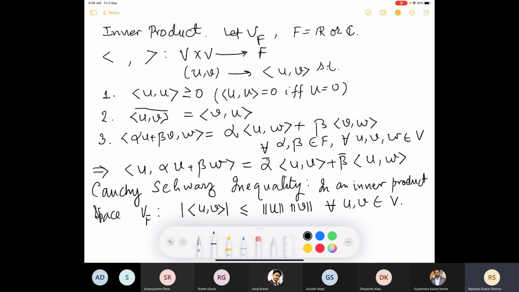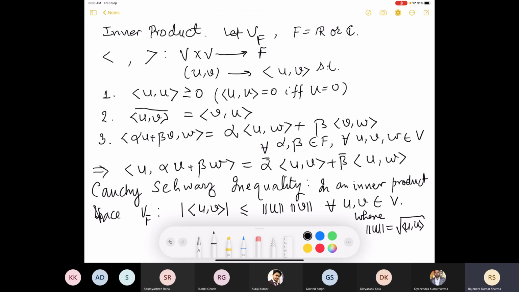Recall the norm of a vector was denoted by norm of U, where the norm is actually the positive square root of U comma U. Using this, we also can obtain the properties of the norm.